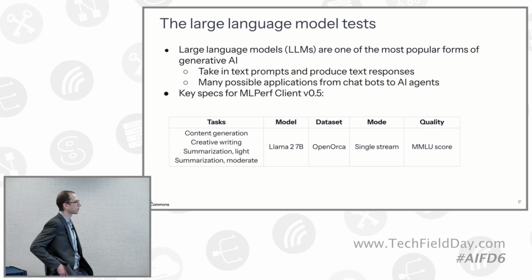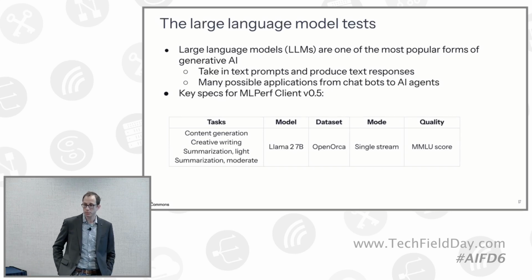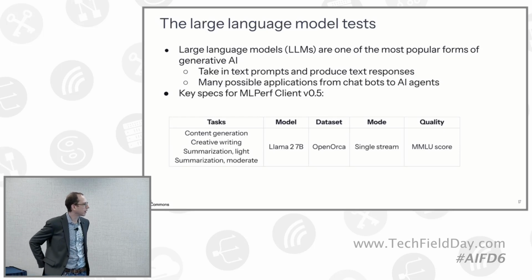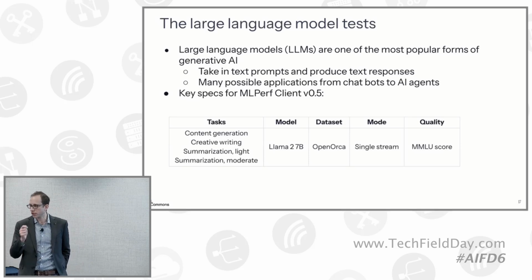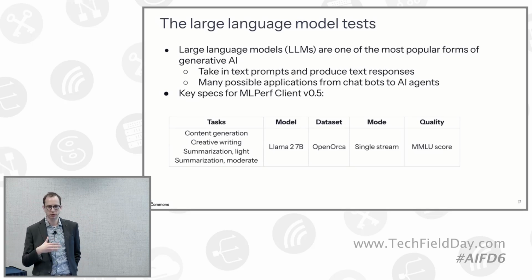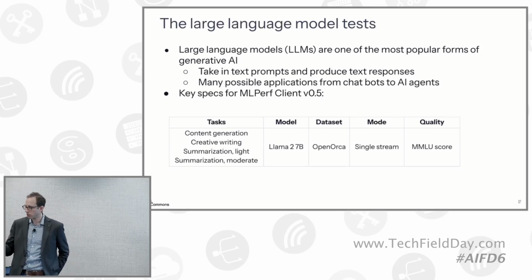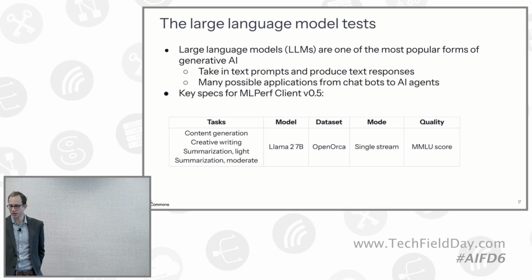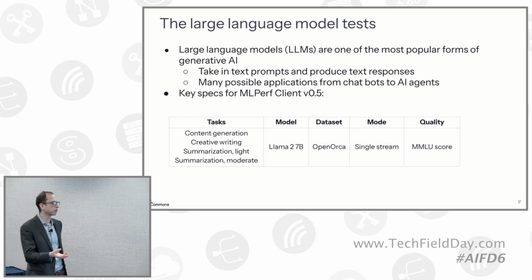The reference model is LLaMA 2 7 billion. The data set we use is Open Orca. It's a single stream benchmark, which means we're feeding in queries one at a time and looking at the response latency. That's the primary metric, just as it would be if you're sitting at your system and using it.